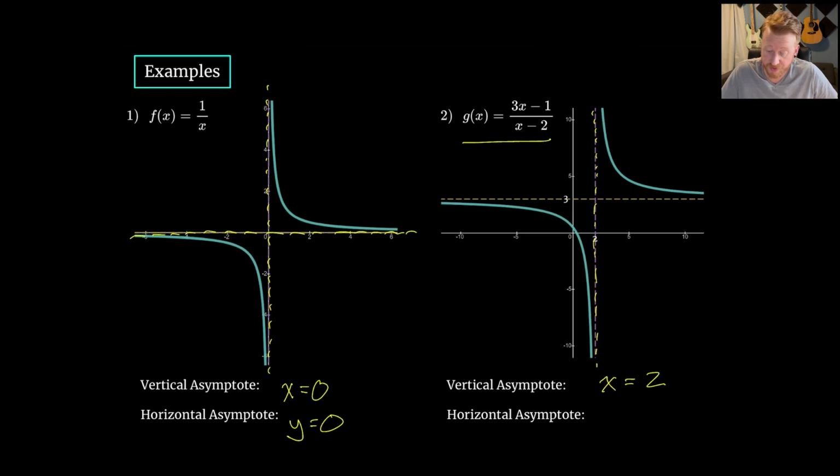That would not be part of the domain here, and if we did try to plug 2 into this function, we'd end up dividing by 0, which is why we have a vertical asymptote here. And then the horizontal asymptote is this line, y equals 3. It has been shifted up 3 units here. So there we go. We've got a couple of different graphs, so you can see their asymptotes at different places.